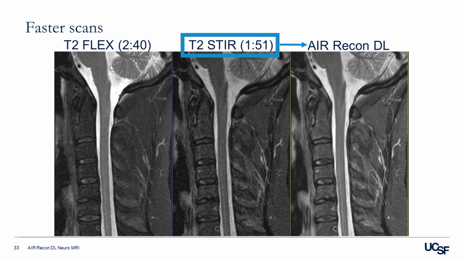And you can see the time savings that exist after you use a faster sequence, that you can then enhance the image quality. So T2 STIR, inherently a little bit lower signal to noise, you bring that image quality up to one where I would say is equivalent to our standard T2 Flex potentially.